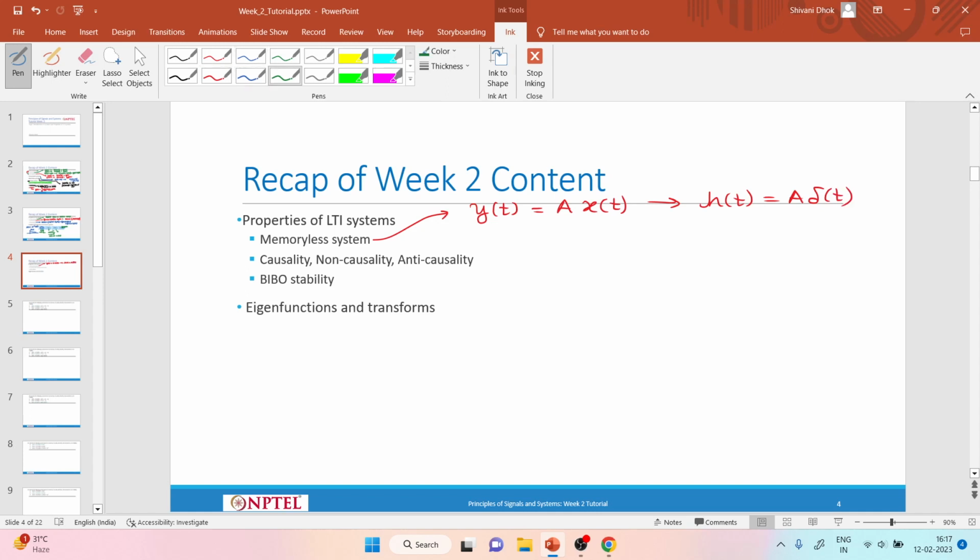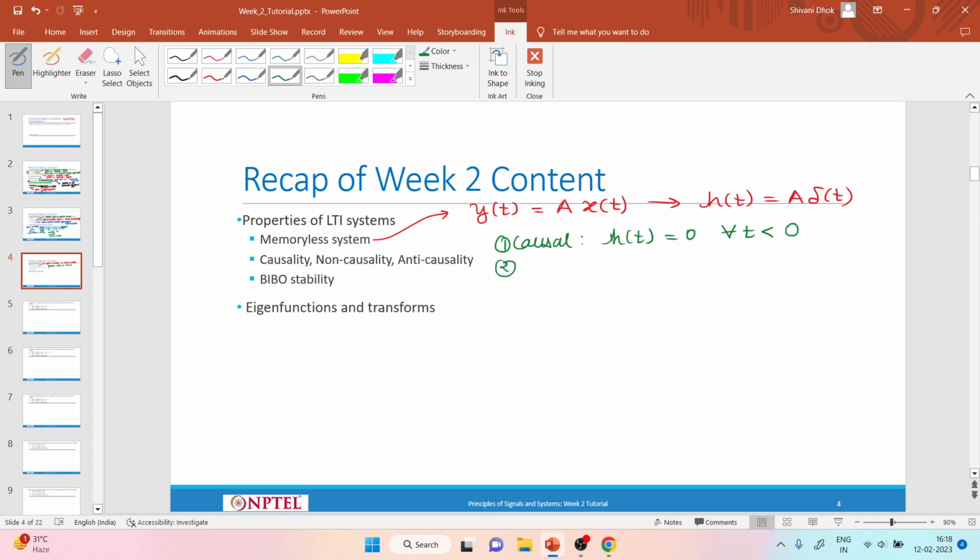For causal, non-causal and anti-causal systems, a system is causal if its impulse response is 0 for all t which are less than 0.